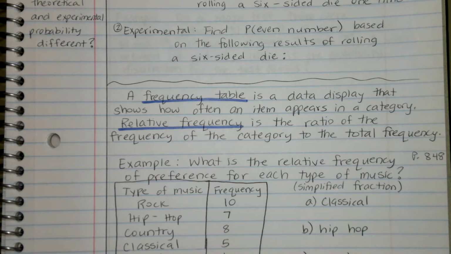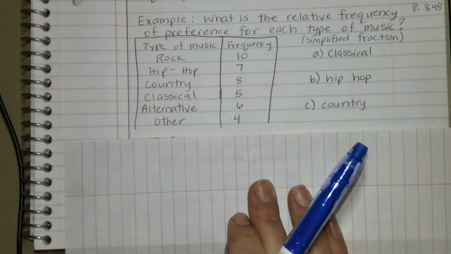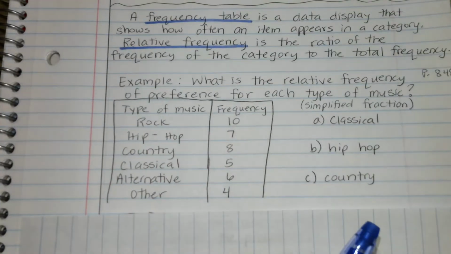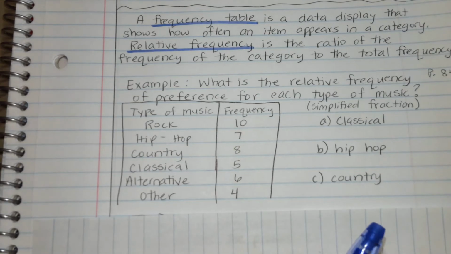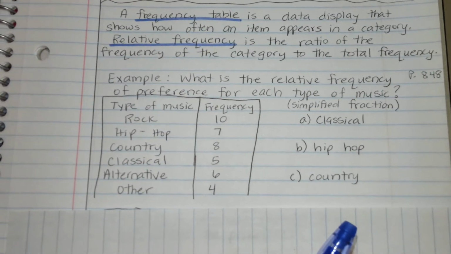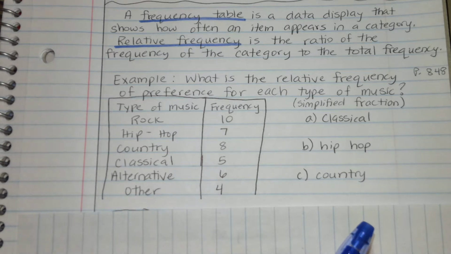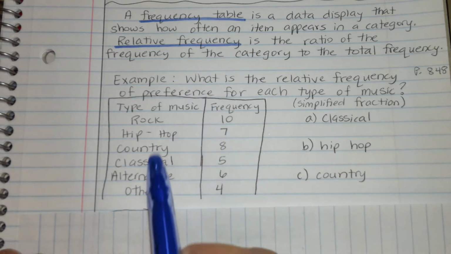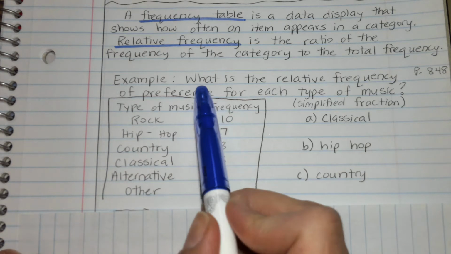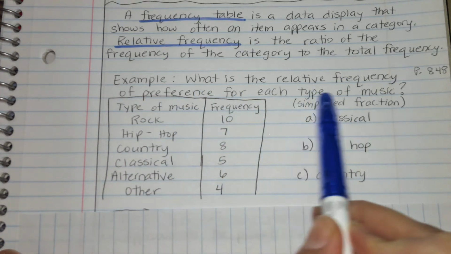Here is our first example. I'm going to go ahead and move this just a bit. There. And this is actually an example that's in the book, but I want it in your notes. So we're going to copy this down. So pause if you need to. This is an example of different types of music. So it says, what is the relative frequency of preference for each type of music?